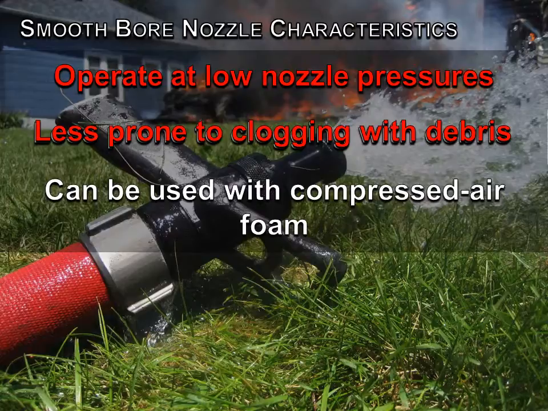So if you're using a line that has a solid bore tip on it, especially the guys that are outside, if you see a kink, pick it up. Don't walk over it, straighten it out, because you're helping the guys inside get their job done a lot easier. It's one of my pet peeves on the fire grounds when guys walk over kinks in lines and there's guys actually inside still fighting the fire.